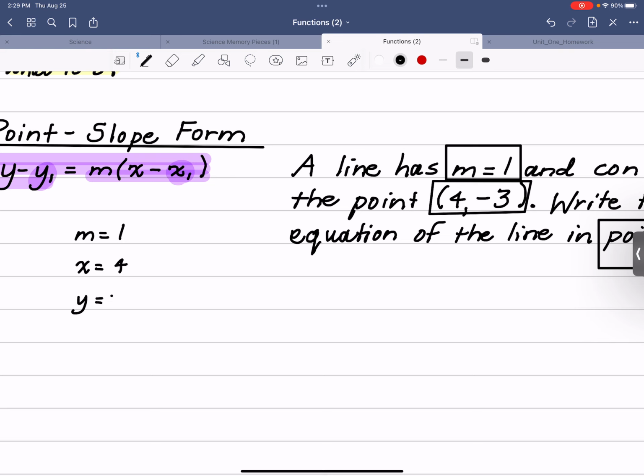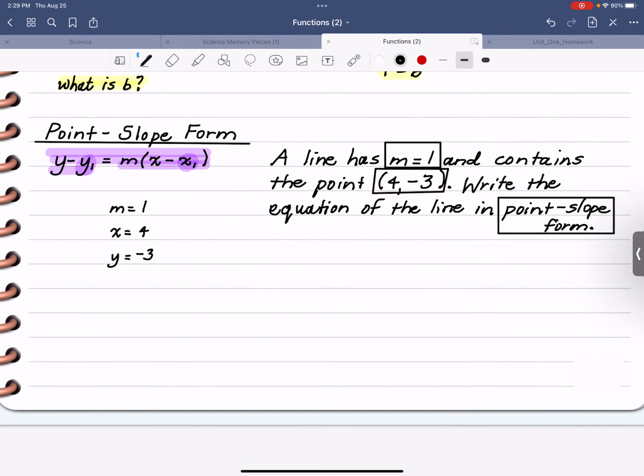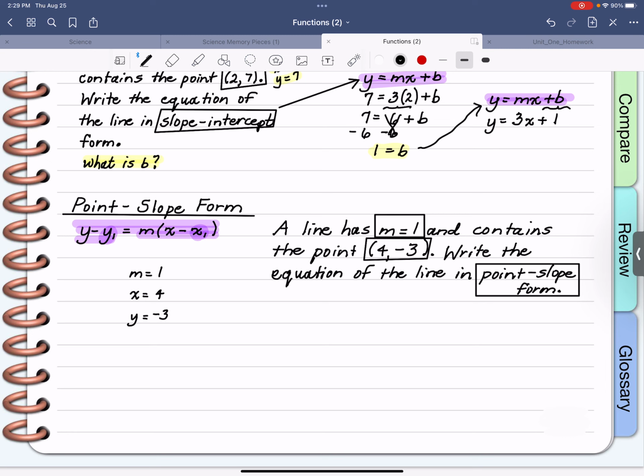Y is negative 3. And you may be thinking, how do you know that? Where does it say X and Y? Right there. Anytime you have a coordinate, you have an X first and then a Y. So that becomes these values. And the most important piece of this puzzle is you know the pattern they're looking for.